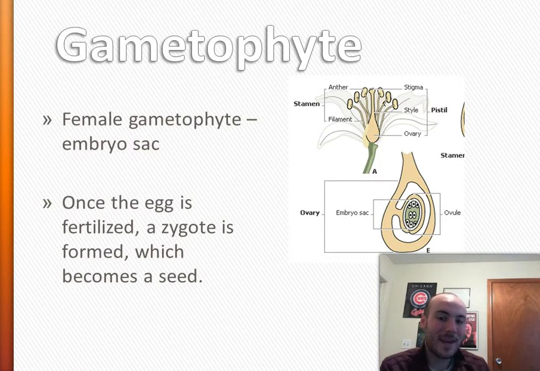So in the case of flowering plants and gymnosperms, the gametophyte and sporophyte are actually just a small part of the plant that's sort of embedded into a specific structure. Whereas in ferns and in mosses, it's a large structure, and it's very, very obvious.